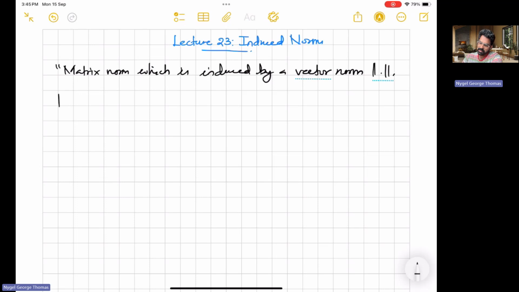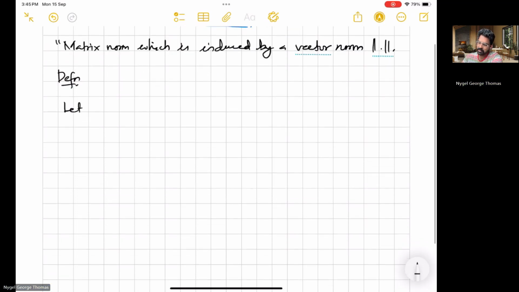So the definition of induced norms is, let this function be a vector norm on Cn.